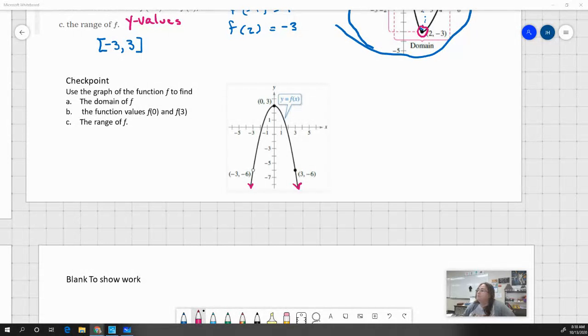Ryan, what is the domain of f? What are your possible x values? Are you there, Ryan?